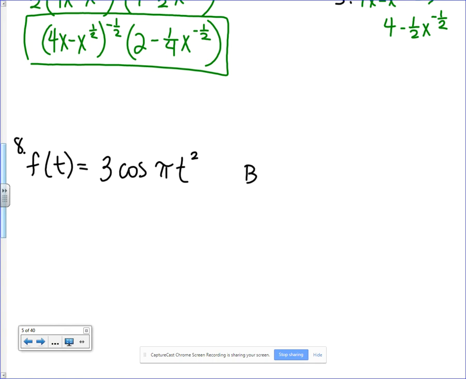Okay, we have a composition. The big function. Notice the power is on the angle, it's on that t, it's not on the cosine. The big function will be that. The little function is that. Now remember, pi is a constant.